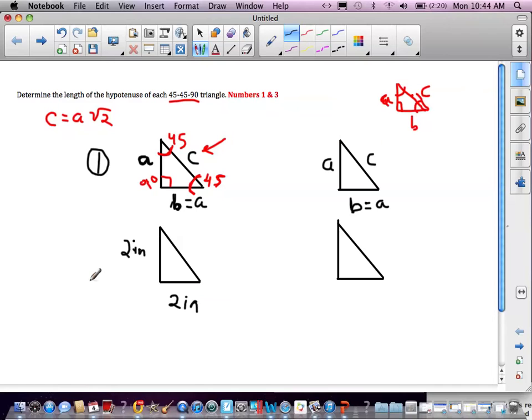So if I want to write the formula when it says determining the length, I need to create a formula that says C equals A square root of 2. Well, if A equals 2 inches, then C is going to equal A, which in this case is equal to 2 square root of 2.